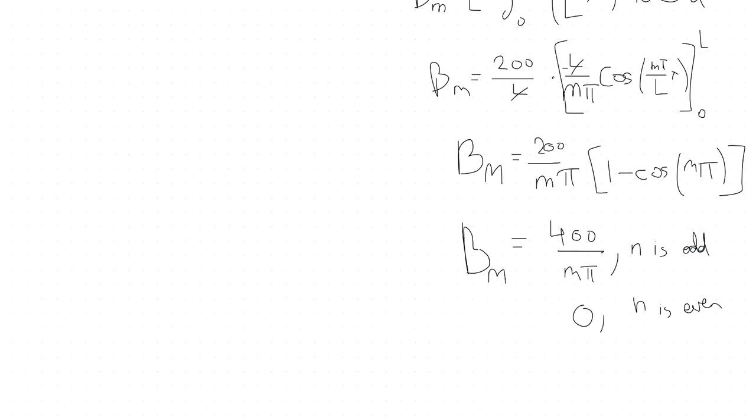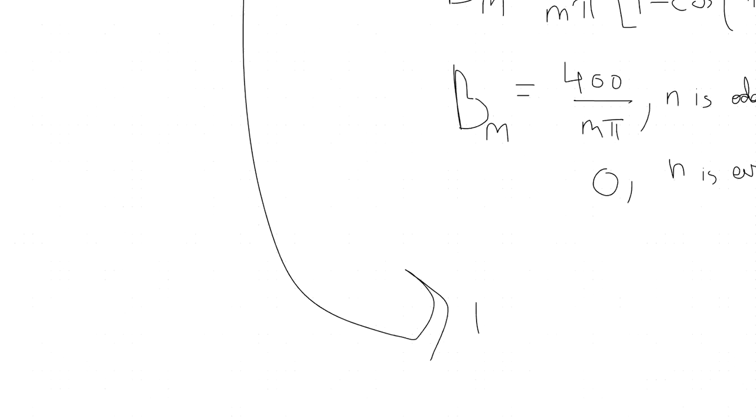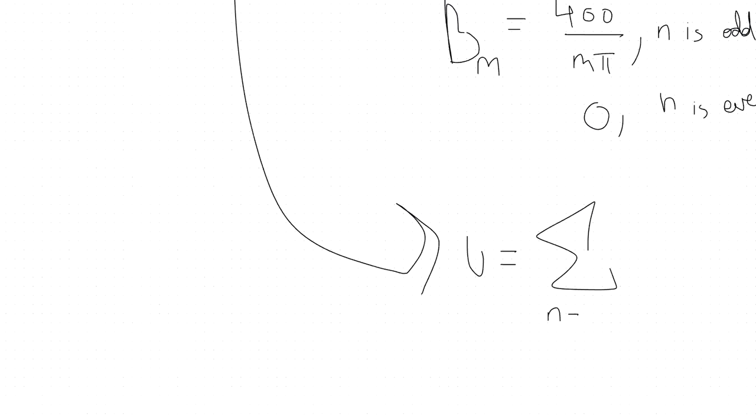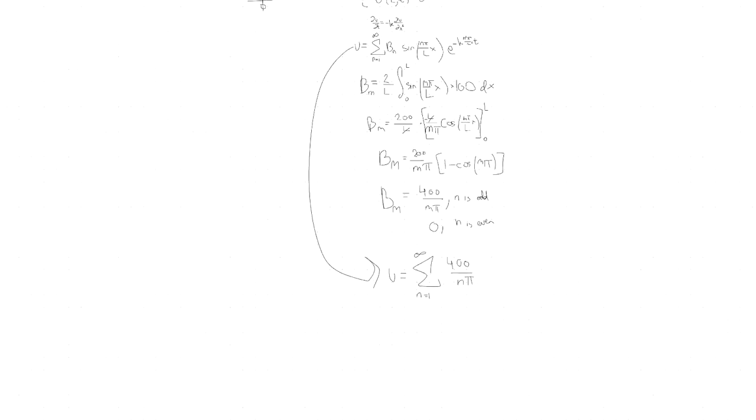And we can incorporate that into our initial solution, and we can say u is equal to the sum from n equals 1 to infinity of 400 over n pi sine of n pi x over L, where, of course, as we mentioned here, n is odd.